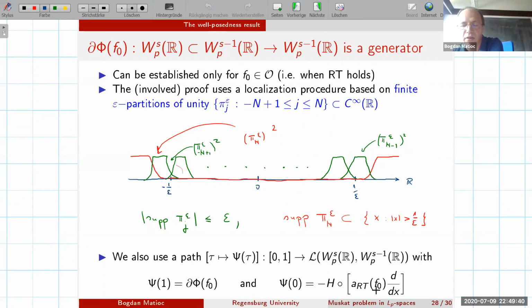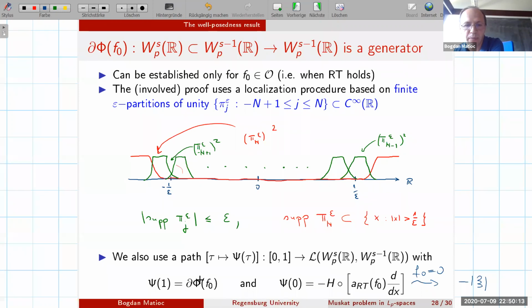Here is the Rayleigh-Taylor function for f naught, and this is d over dx. So for example, if f naught is 0, then this operator is a Fourier multiplier with symbol minus absolute value of xi, and this is a generator of an analytic semigroup. We need to do this because we need to show that the Fréchet derivative has in the resolvent set some positive real number.